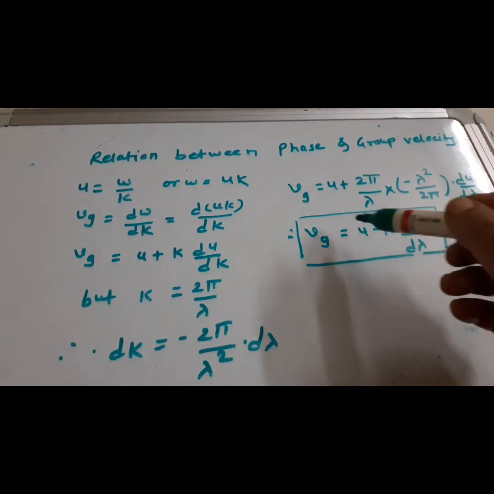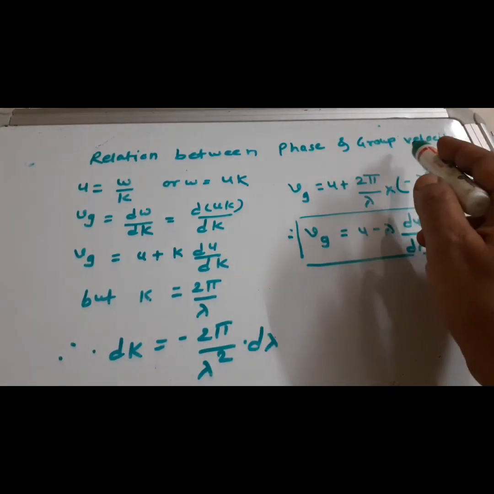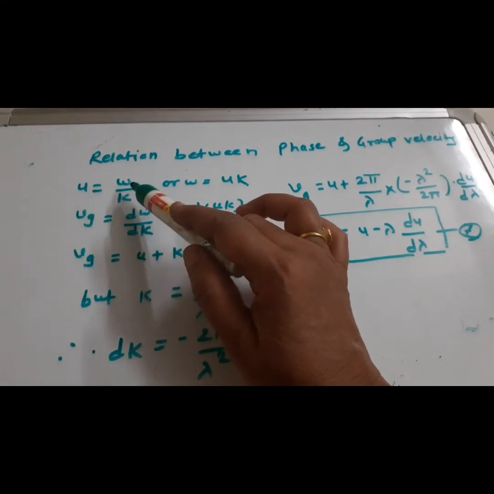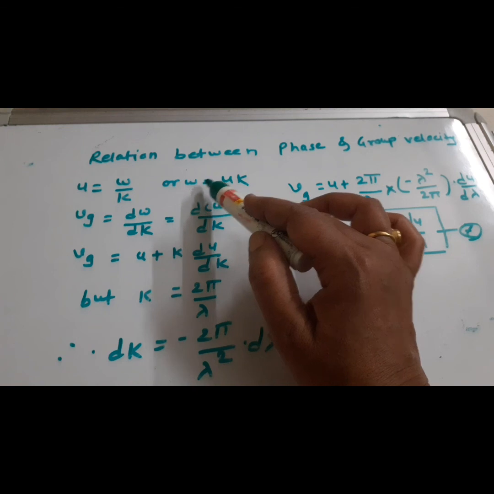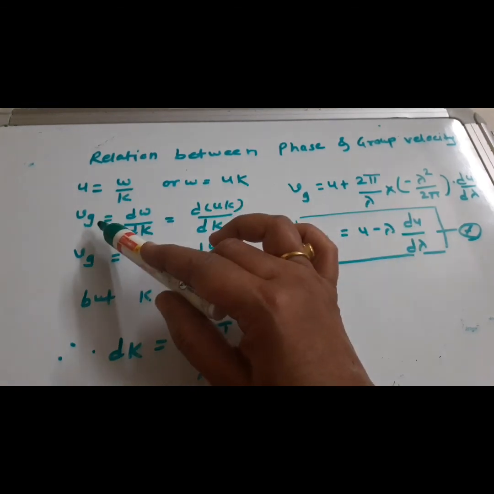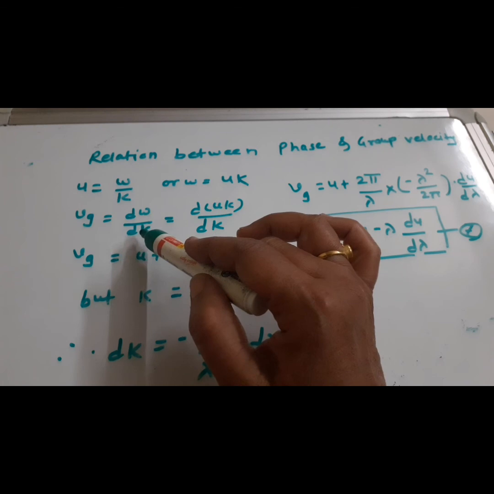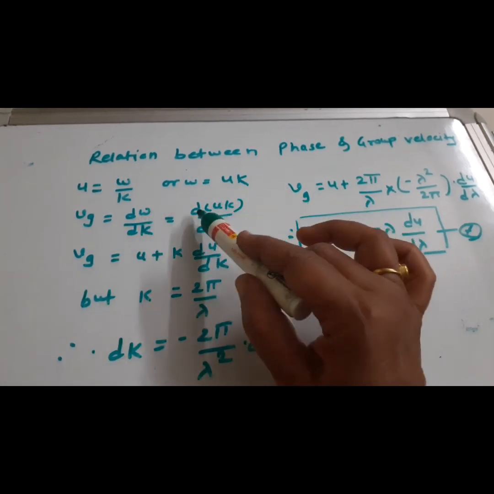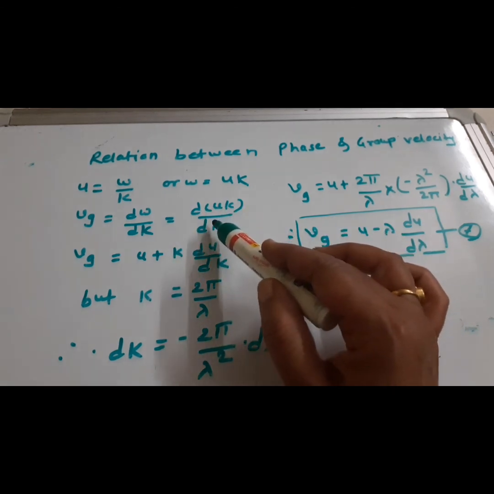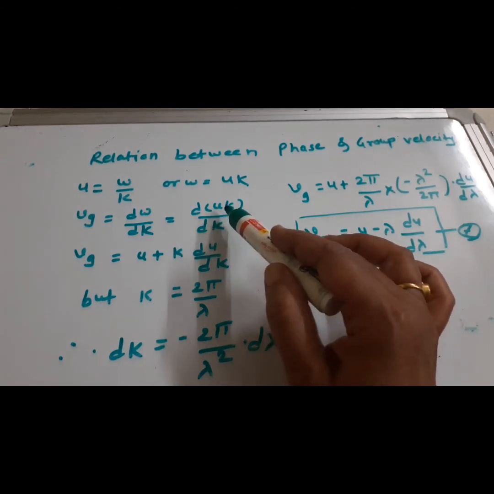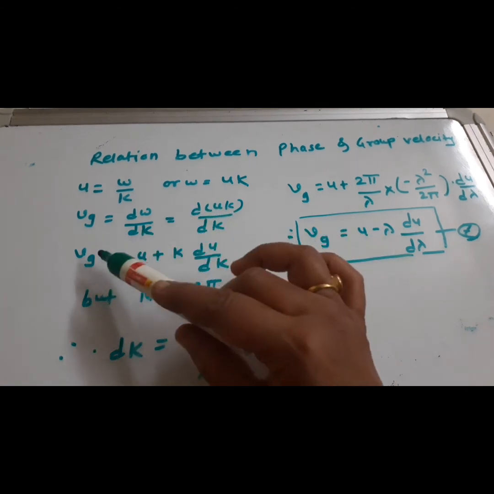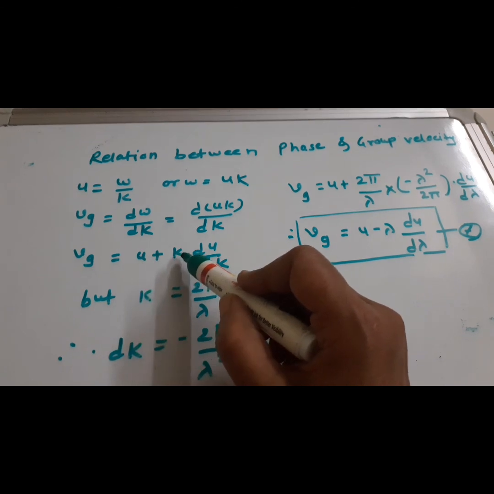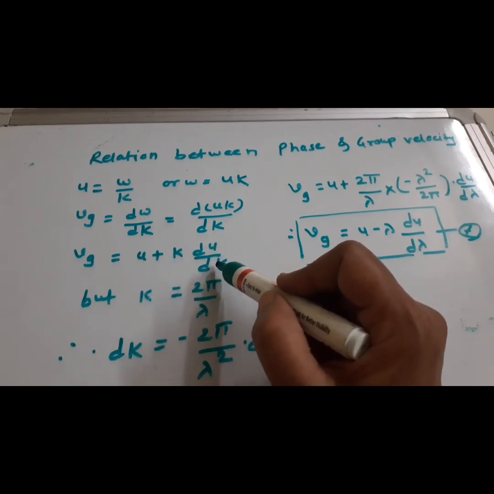Now again I will revise the relation between the phase and group velocity. We know that phase velocity u is equal to omega upon k. Omega is equal to uk. Vg is equal to d omega by dk. Then we put the value of omega, that is uk, here, and write d(uk) by dk. After taking the differentiation, Vg is equal to u plus k du by dk, since u is treated as a variable.